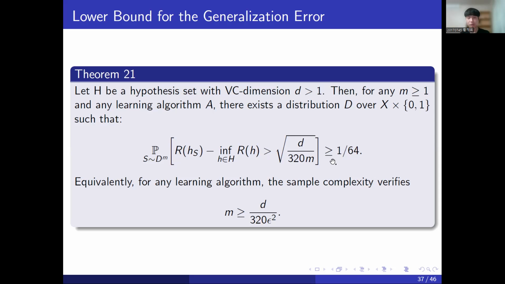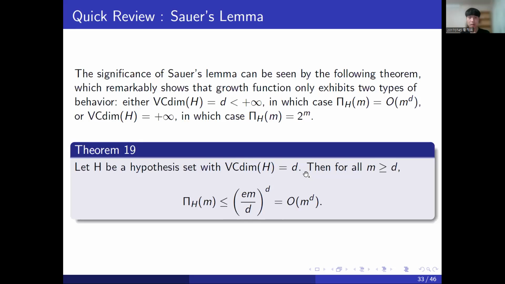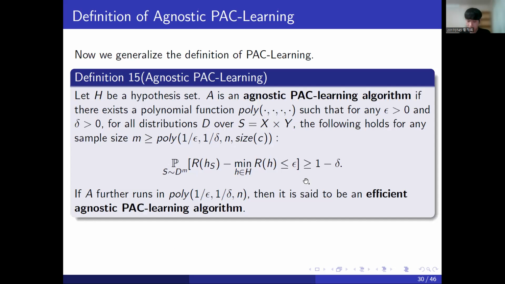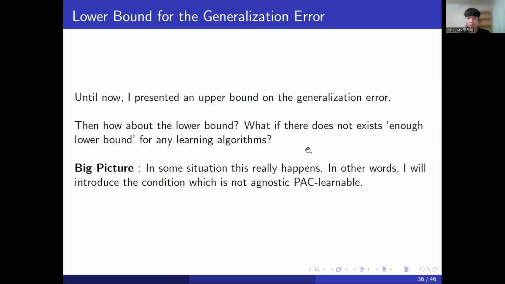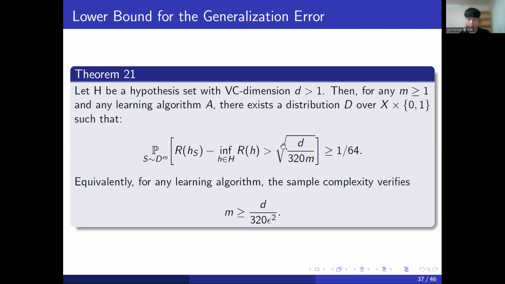Recall the definition of agnostic PAC learnability. For any positive delta and epsilon, there exists some appropriate polynomial function such that when m is greater than or equal to that, then this holds. But look at this. If we set epsilon and delta small enough for some big m and d, agnostic PAC learnability doesn't hold because this is not less than or equal to the original epsilon term.